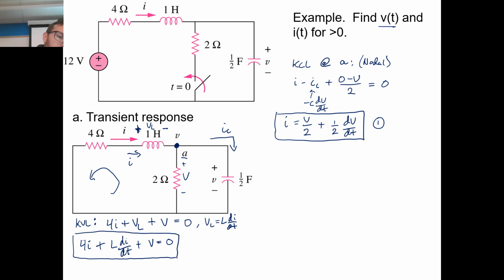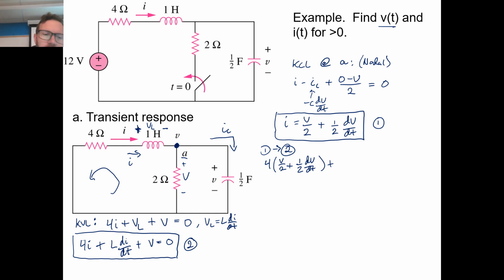So we now have a second equation relating the voltage and the current. What we can do then is take equation 1 and plug it into equation 2. Everywhere that we see an I in equation 2, we plug in all of equation 1. So instead of 4I, it's 4 times V over 2 plus 1/2 dV dt, plus L times the derivative of this thing.